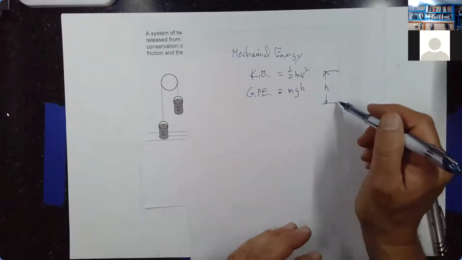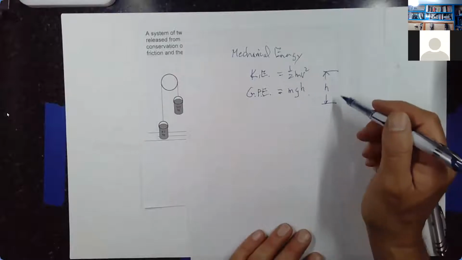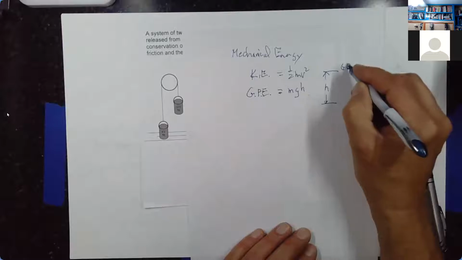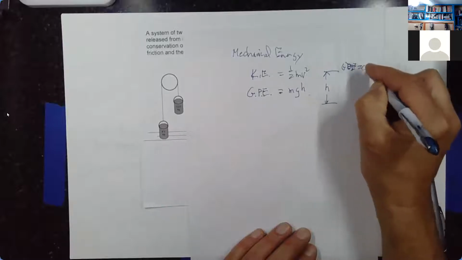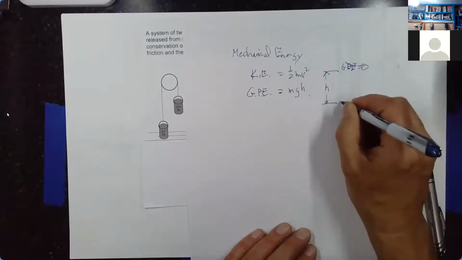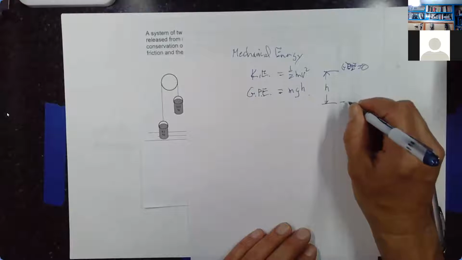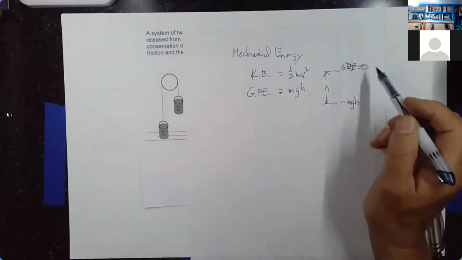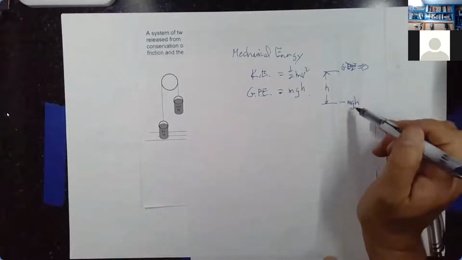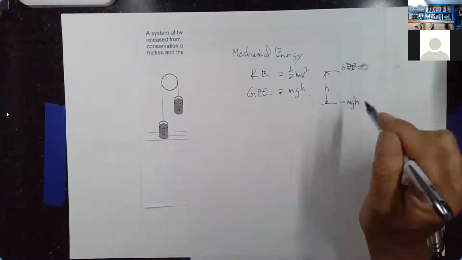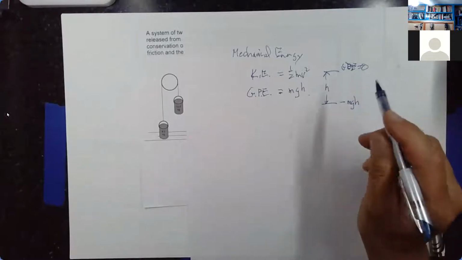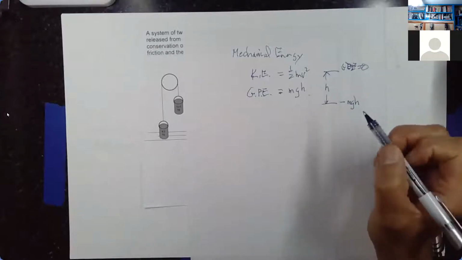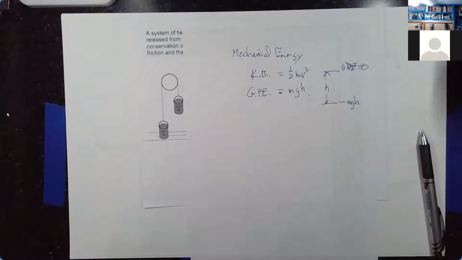And it doesn't matter if you choose to call this point up here where GPE is equal to 0. If that's the case, then you would describe this to have a gravitational potential energy of minus mgh, and still, this one is mgh higher than that one. So you can pick that 0 point anywhere you want, but usually we pick it at the lowest point in the problem, so it happens to be 0.